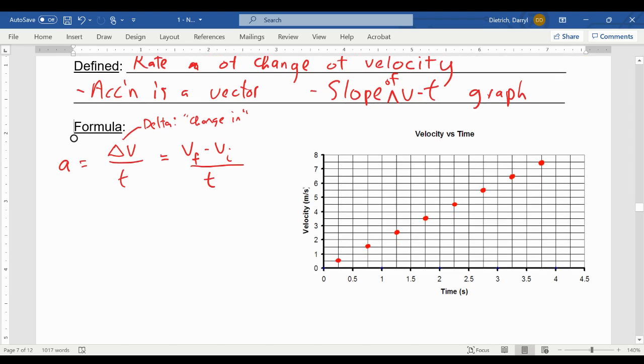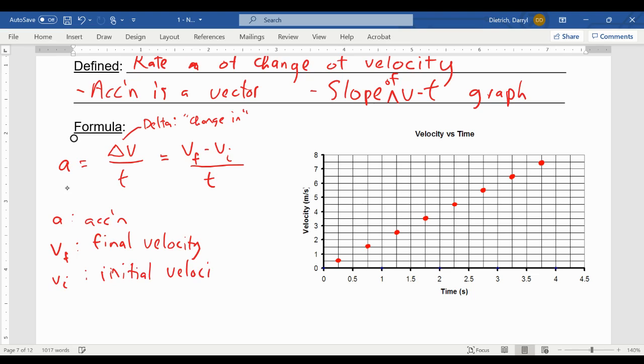We'll define what all of these variables are. First of all, a is acceleration, and I'll come back to the units for acceleration in a minute. vf is final velocity: we talked about acceleration as being a change in velocity, and vf is just the final velocity. vi is the initial velocity.